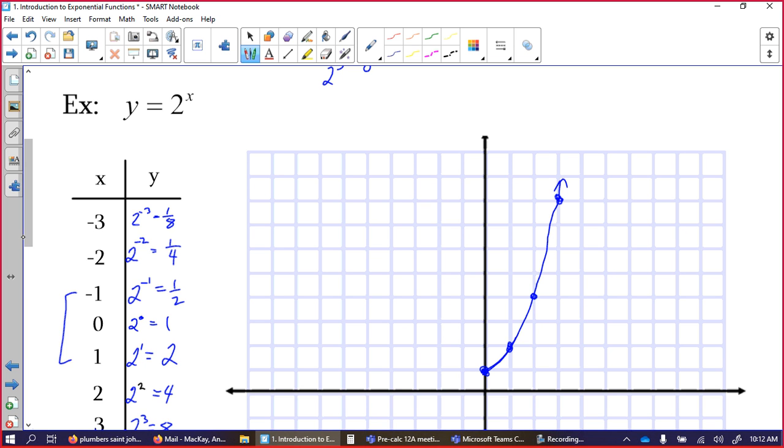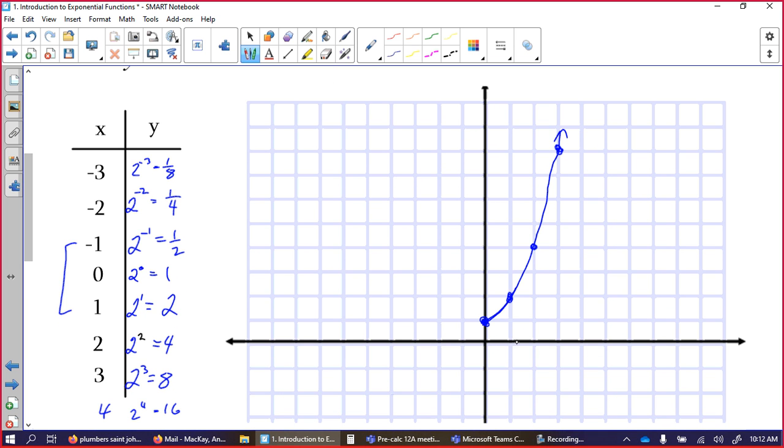rate. When we look at -1 and a half, it's about there. -2 and a quarter is about there-ish. -3 and an eighth. Now, no matter what value I put in for x, are we going to keep getting smaller and smaller decimals?